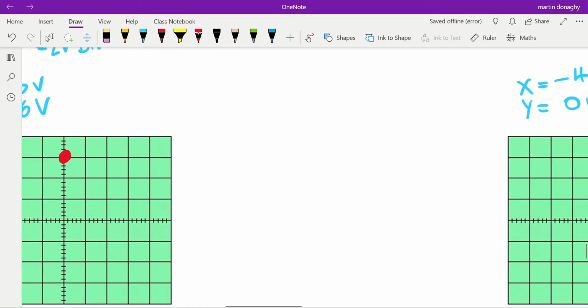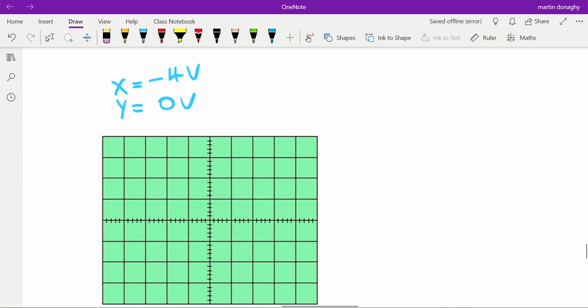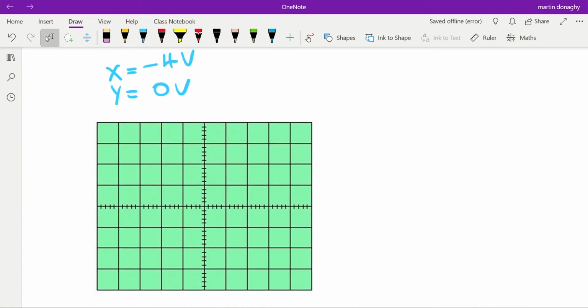Okay, we're going to use the same scale for each of these. So now the Y, the vertical deflection plates, we have 0 volts across them. We have -4 on the X, the horizontal deflection plates. Each of the divisions is worth 2, so there's -2 volts, and there's -4 volts. So what we would see on the screen would just be a little dot, 2 divisions to the left of the center.